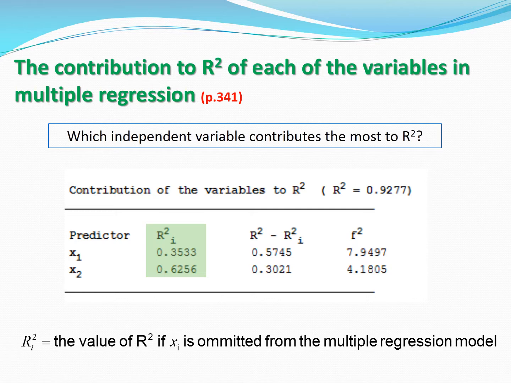So originally, your coefficient of determination will be 0.9277. If x1 is not included in the multiple regression model, then your coefficient of determination would have been 0.3533.